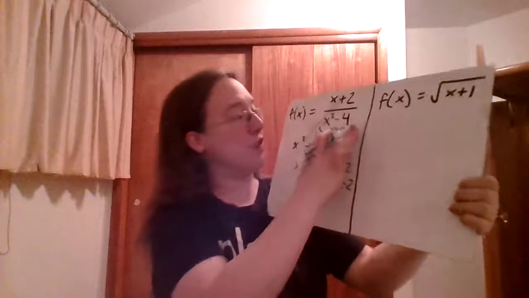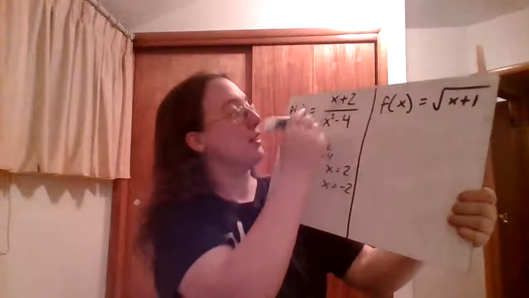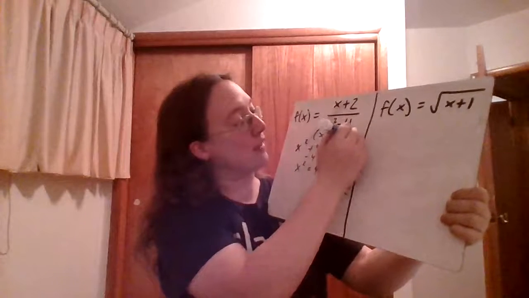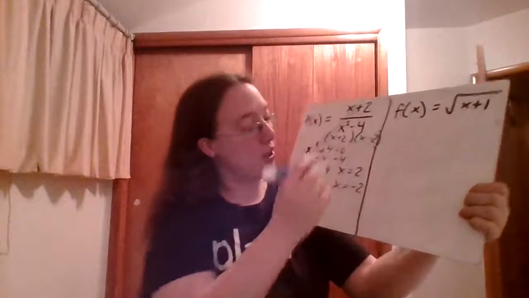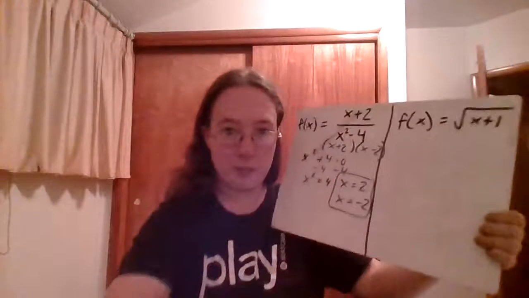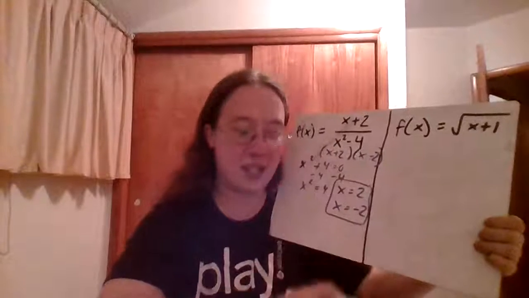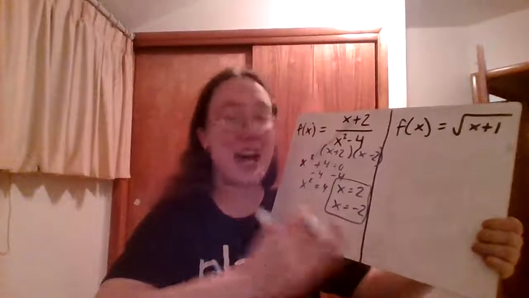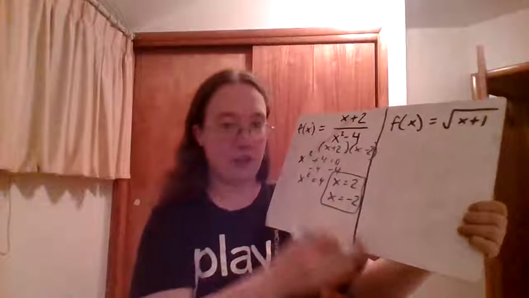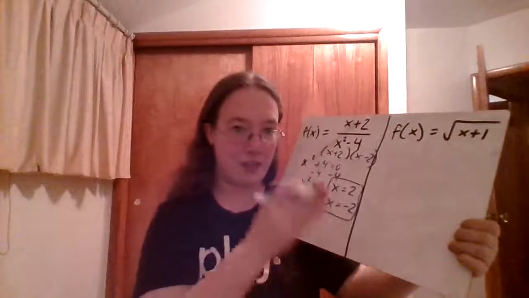So either positive 2 or negative 2 are where something is going on. Or the other thing you could do is you could factor the bottom into an x plus 2 and an x minus 2, and that's going to be useful in a moment. So those are the 2 points where we don't have a continuous function because we don't have a point there. So in order to be continuous, the point has to exist. Here, the point just plain doesn't exist, so we know it's not continuous there.